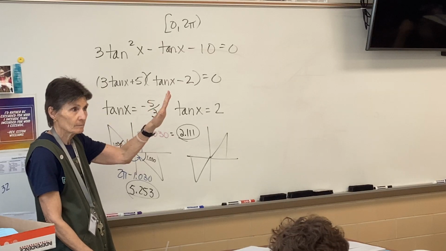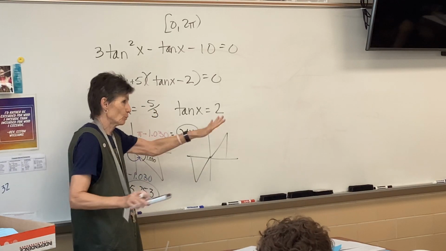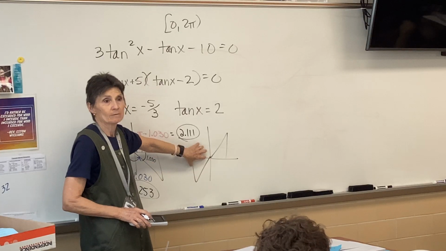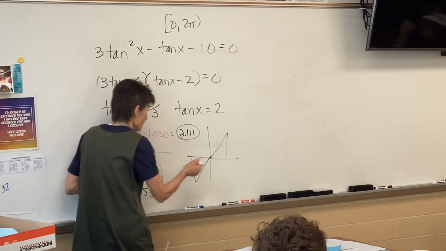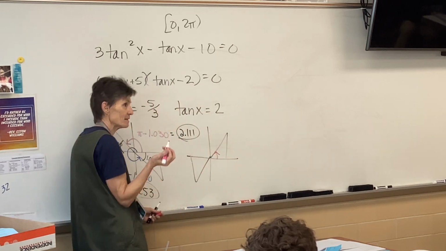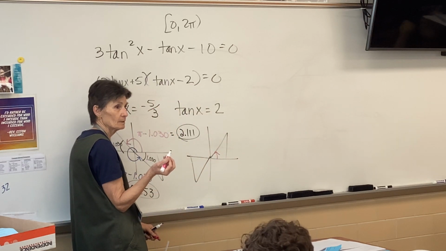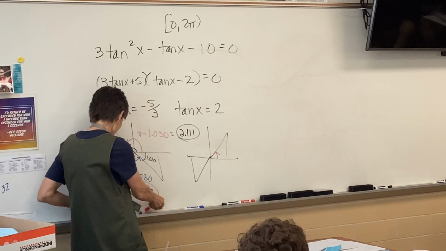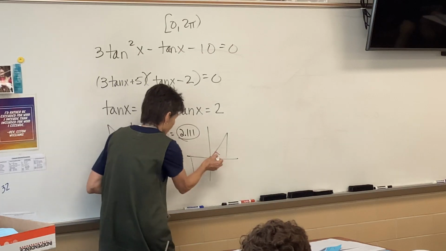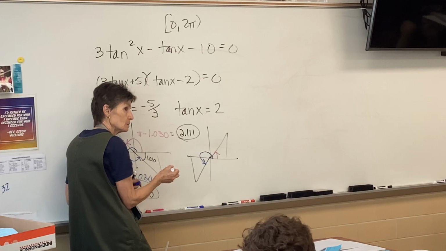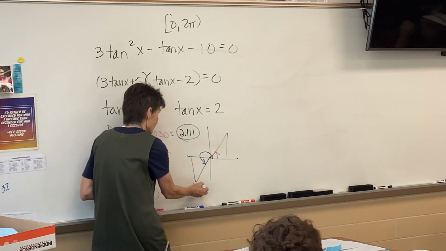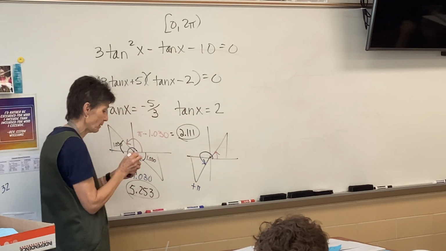Everybody okay? All right, now I'm going to rinse and repeat here. The only difference is, this time, pink is going to be the answer on my calculator. And then blue will be found how? Add pi. Yeah, take whatever I get and add pi.